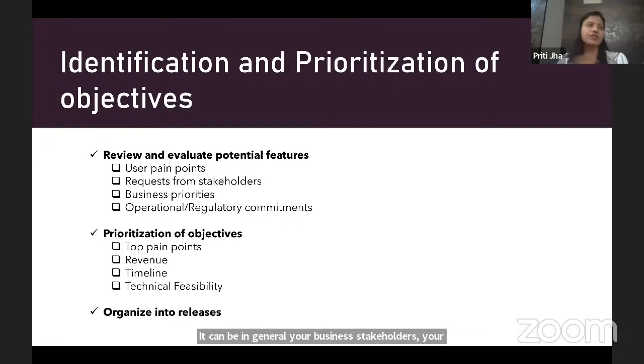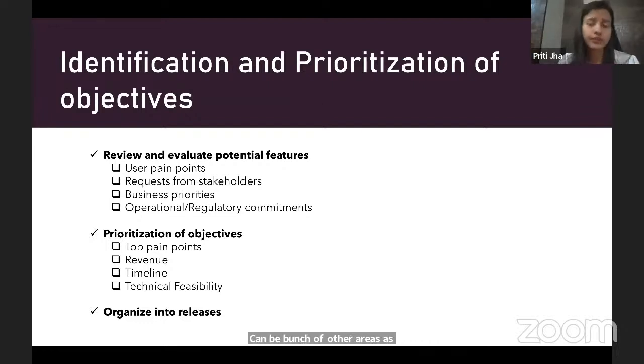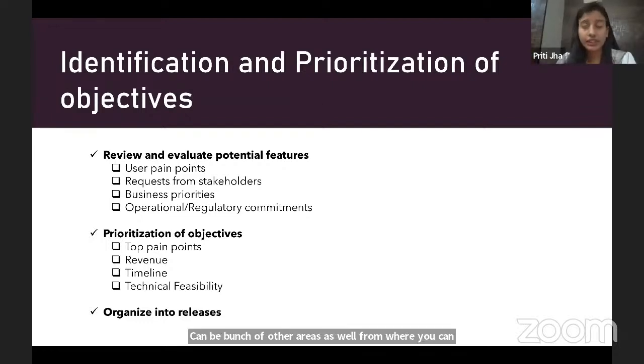When I say operations team, it might be, for example, your customer services team, who are day in and day out speaking to the customers, solving their issues, taking their feedback, all of that. And then depending on the organization, there can be a bunch of other areas as well from where you can get these requests from stakeholders.